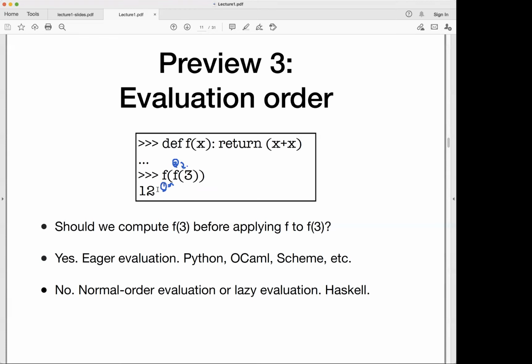And some languages like Scala have a mechanism to define this: by default, all functions in Scala implement eager evaluation, but there's a mechanism by which you can define a function that is evaluated according to normal order evaluation. So we will study these two evaluation orders.